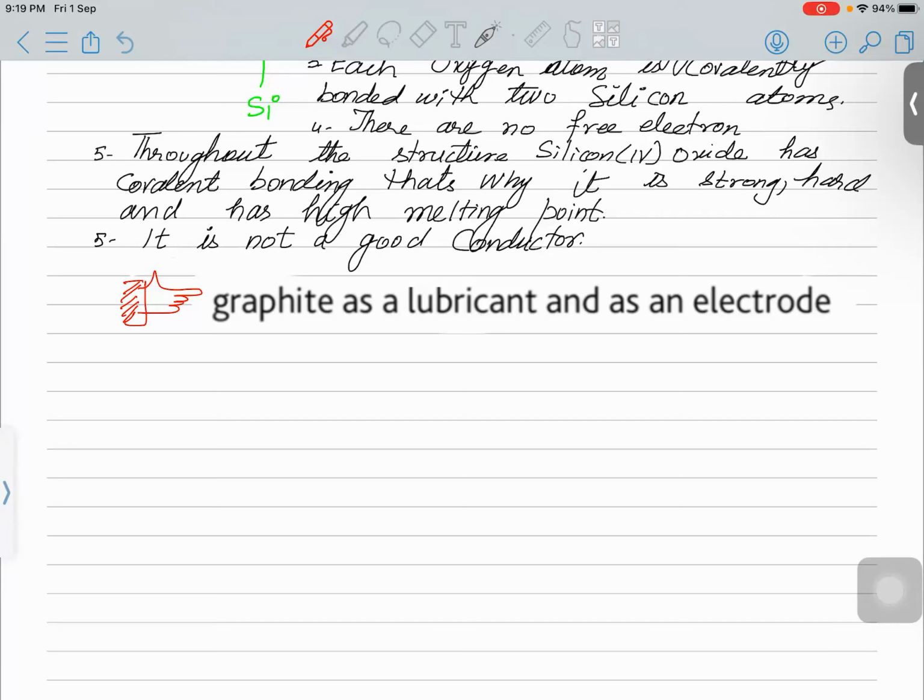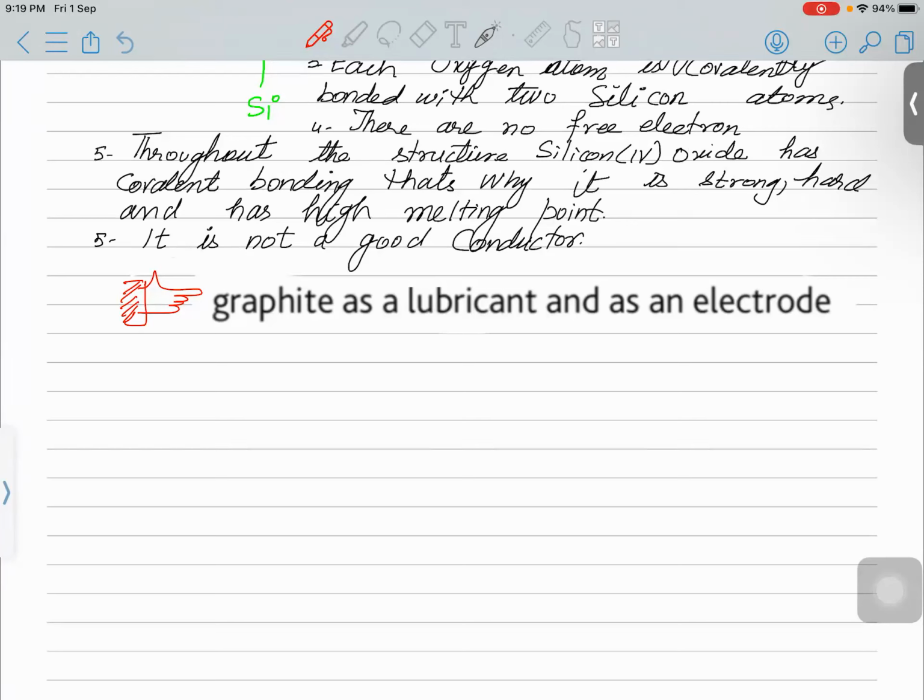So as you told me, graphite is slippery, so it is used as a lubricant. And why electrode? Sir, what is an electrode? Very good question.